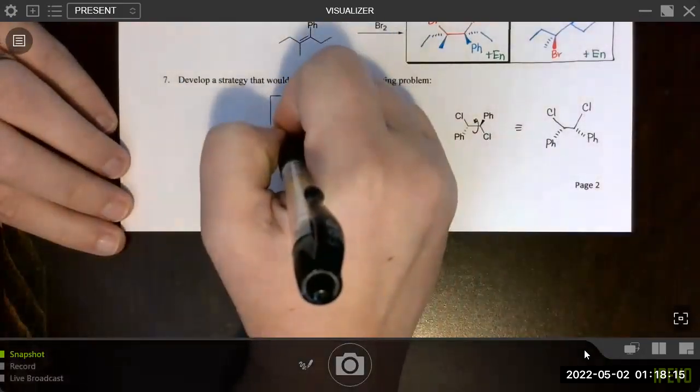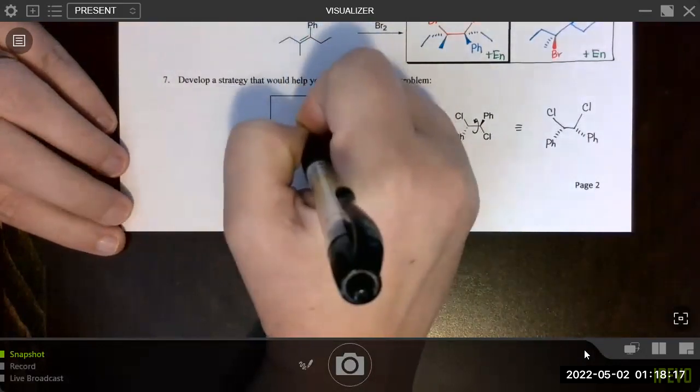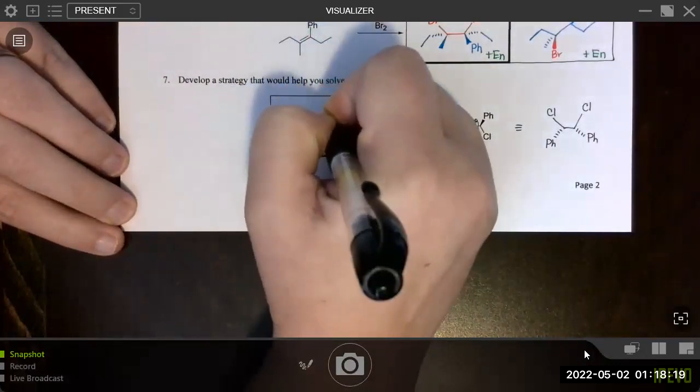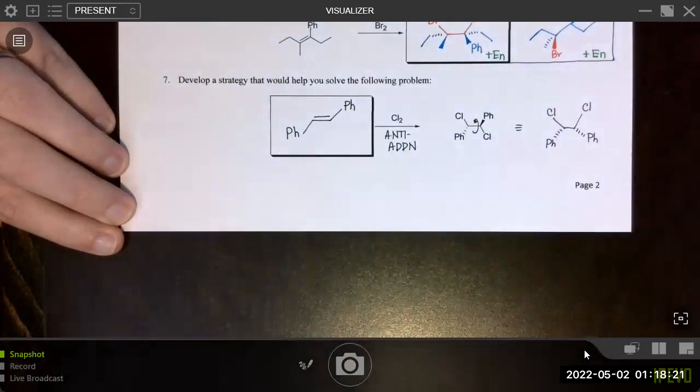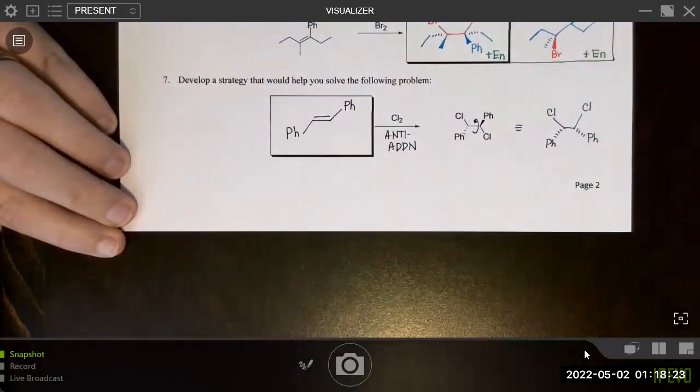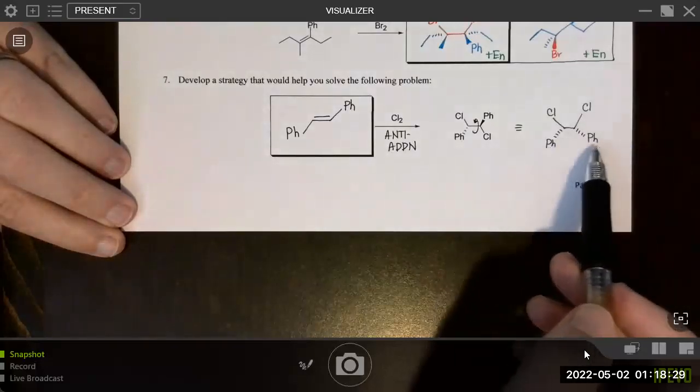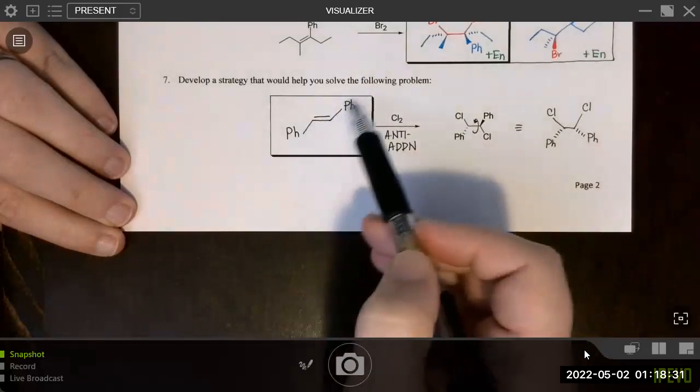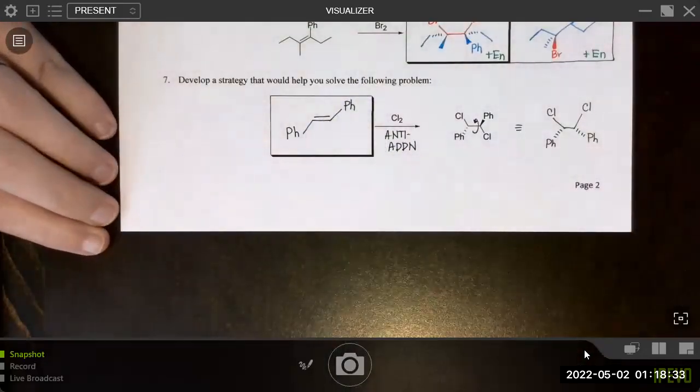So either way, hopefully you came up with the trans or E alkenes. Right? Because these, they look like they're on the same side, so they should have started out on opposite sides when you're undergoing anti-addition.